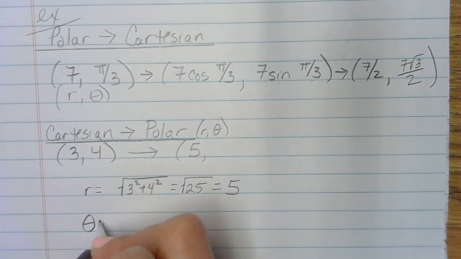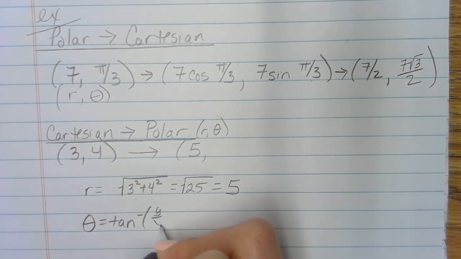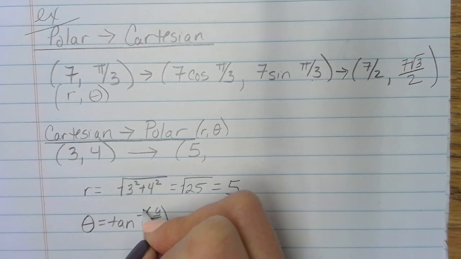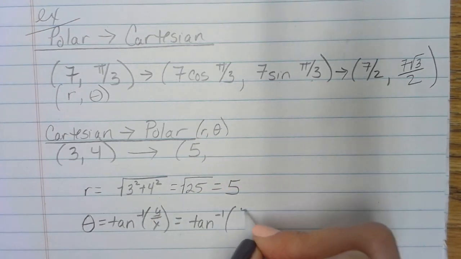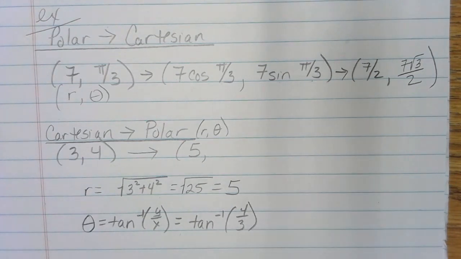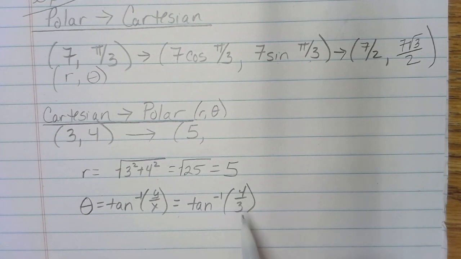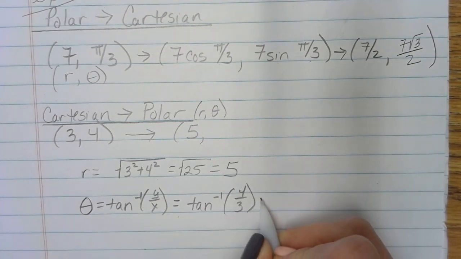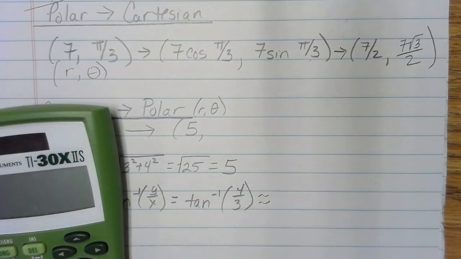Well, theta is the inverse tangent of y over x. In this problem, y is 4 and x is 3, so inverse tangent of 4/3. I am going to type this in my calculator, but you need to be sure that you are in radians.